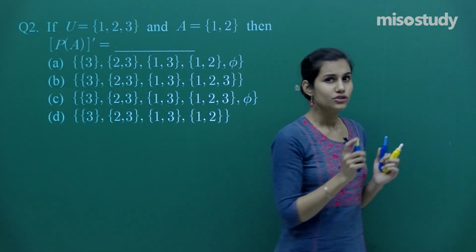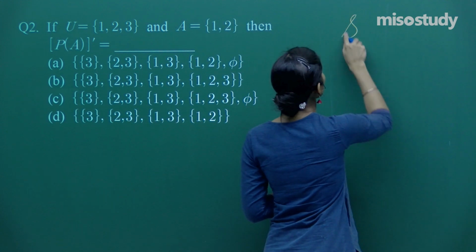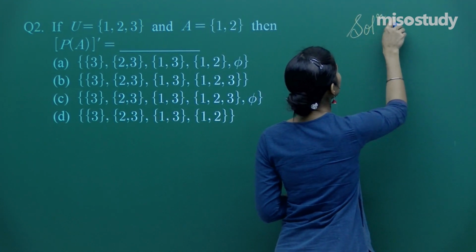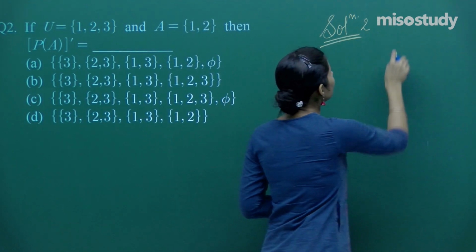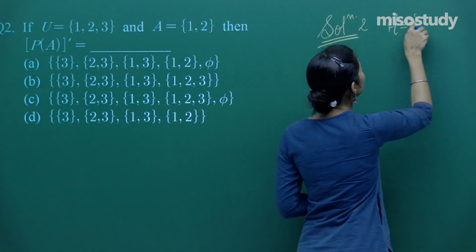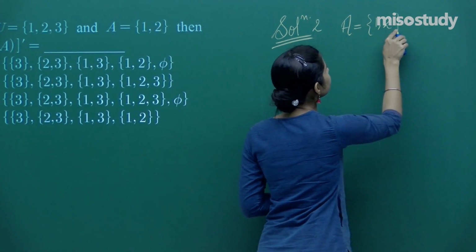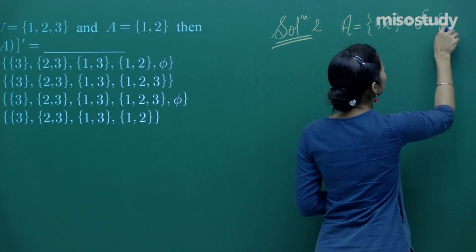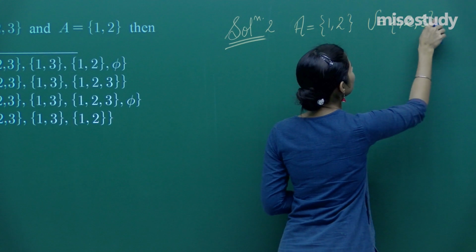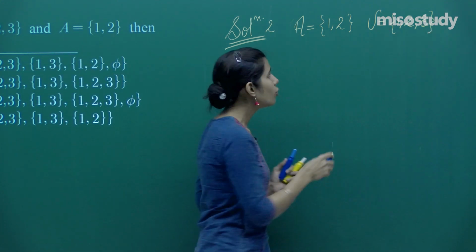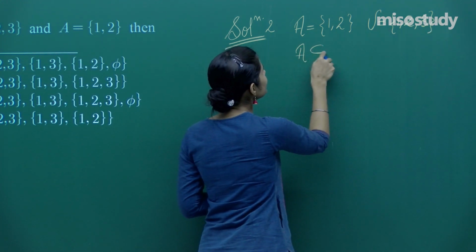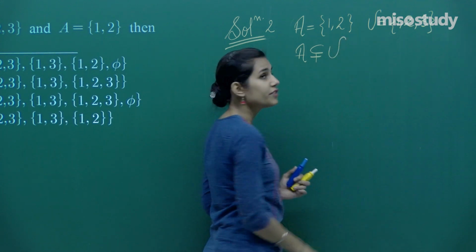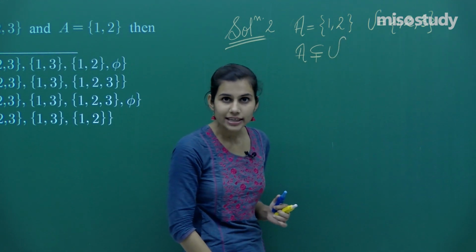Now you, just understand this, I am starting with solution number 2. My A is given to be 1, 2. And my universal set U is given to be 1, 2 and 3. We all know that set A is a proper subset of the universal set, correct?